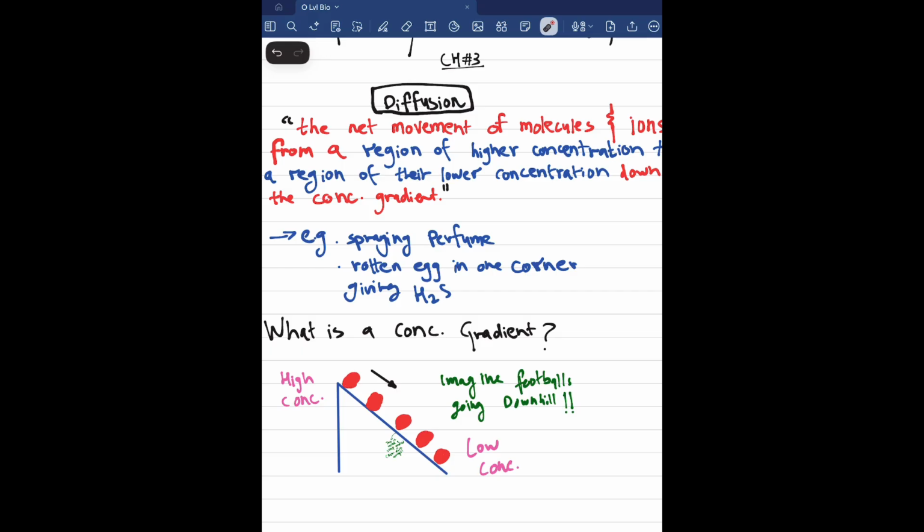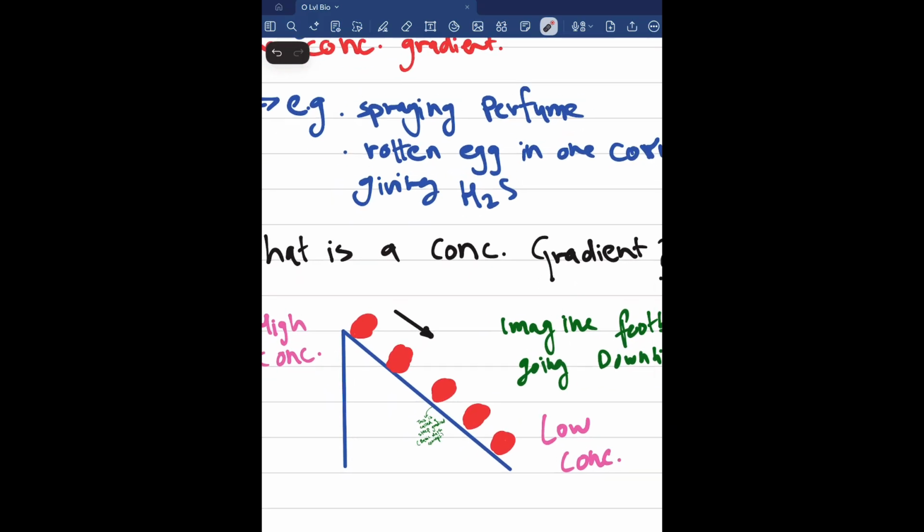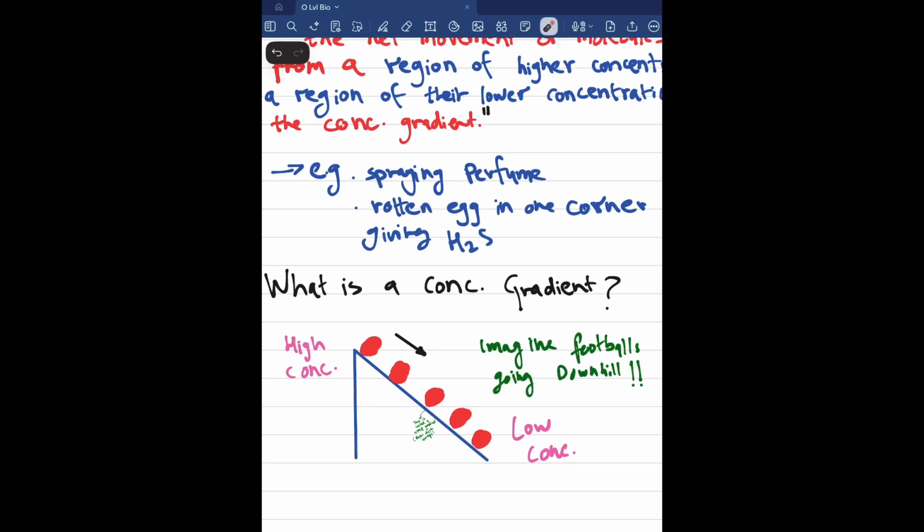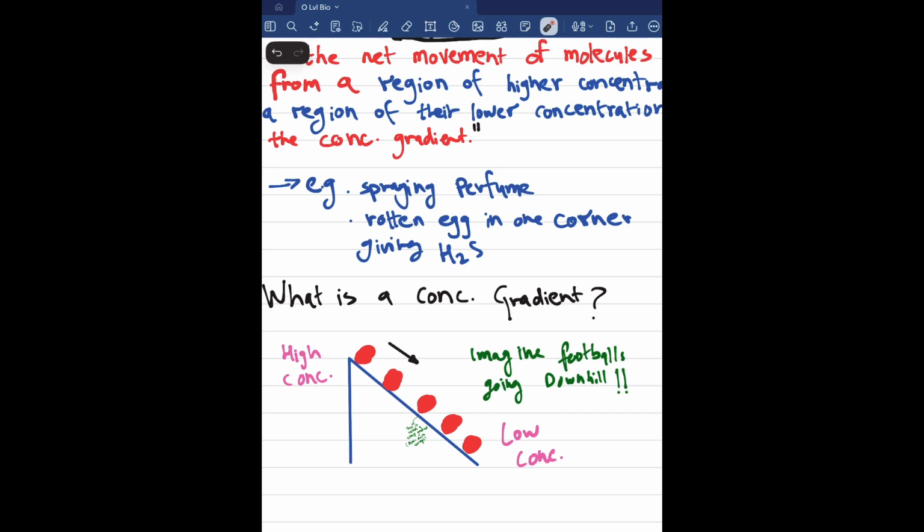A concentration gradient, think about it as this diagram, right? So what is a concentration gradient? Over here we have a high concentration and over here we have low concentration, and imagine this as a slope and imagine footballs going downhill.